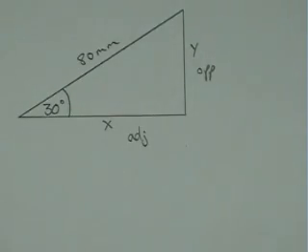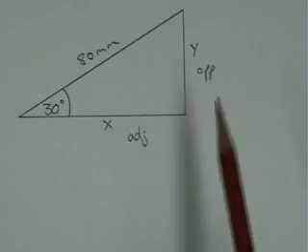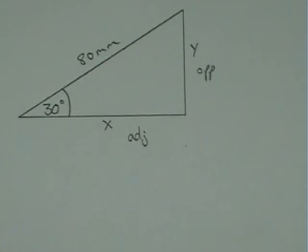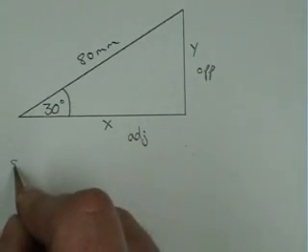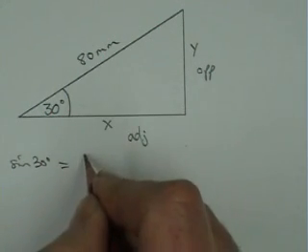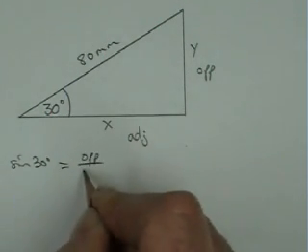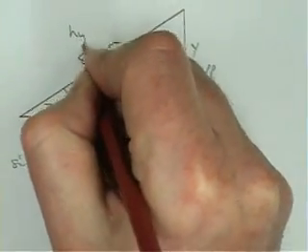We know the hypotenuse, so we're thinking opposite and hypotenuse, and opposite divided by hypotenuse is sine. So I'm going to write a little note to myself really. Sine of 30 degrees is equal to opposite over hypotenuse. Let's label that hypotenuse just to make it clear.